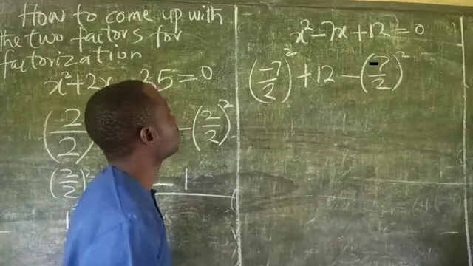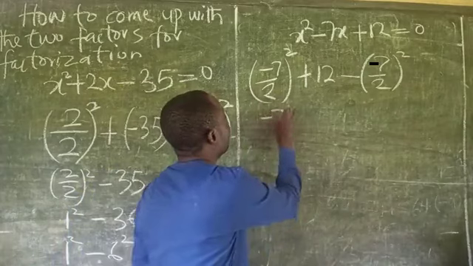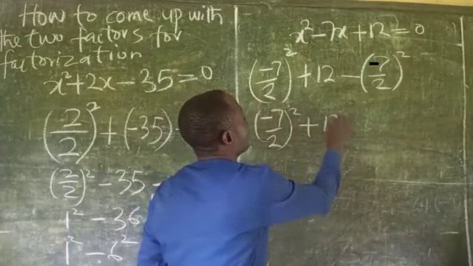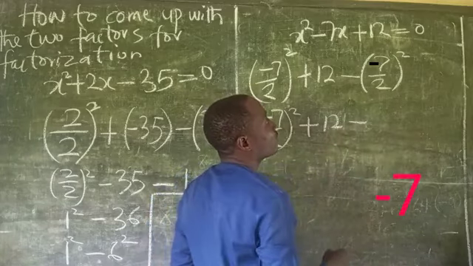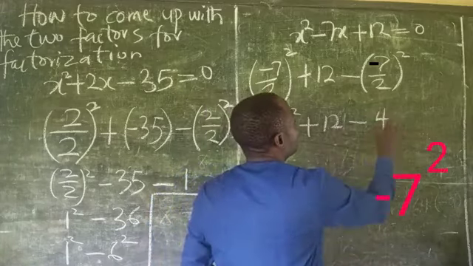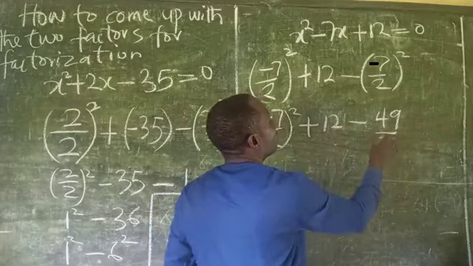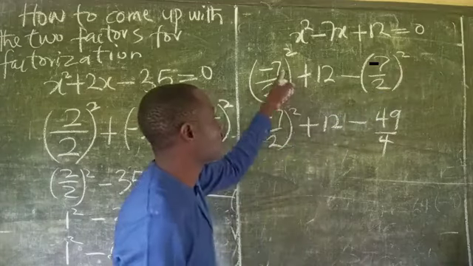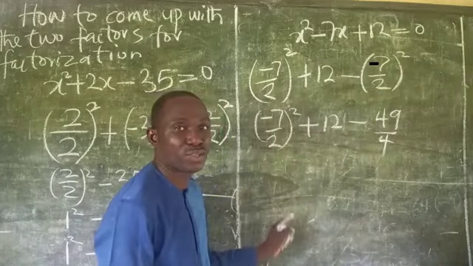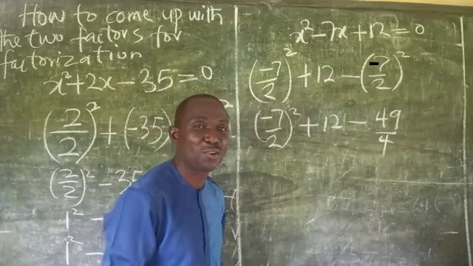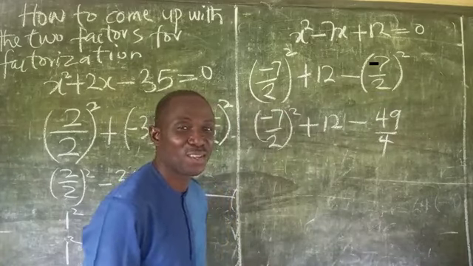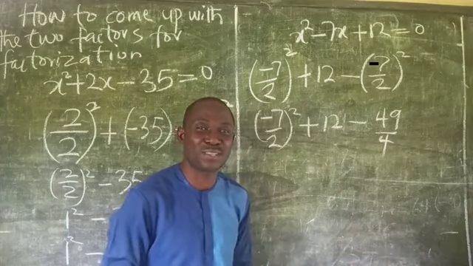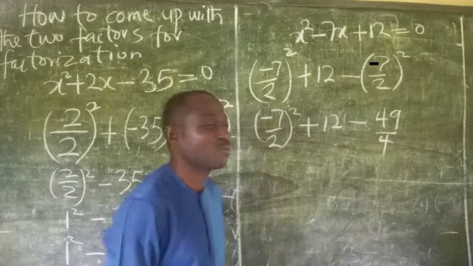So this becomes minus 7 over 2 squared plus 12 minus 7 over 2 squared. 7 raised to power 2 is 49 all over 4. So we are taking care of the square and we allow this to exist, like we have said before. That's the procedure. It's like you are dealing with the completing the square method. If you have not watched our video on completing the square, you can do that. You will not have problem with factorization by completing the square after you watch our video.